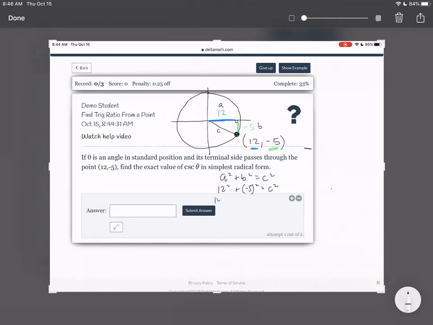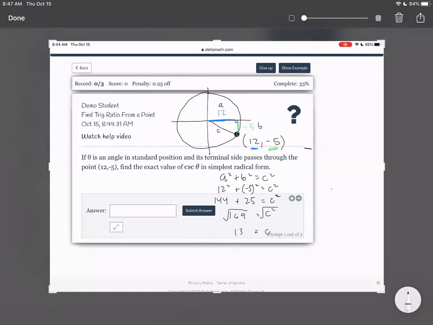So we got 144 plus positive 25, because a -5 times itself, negative times negative, is a positive. When you add it together, you get 169 is equal to C squared. Square root, and you get 13 is equal to C.